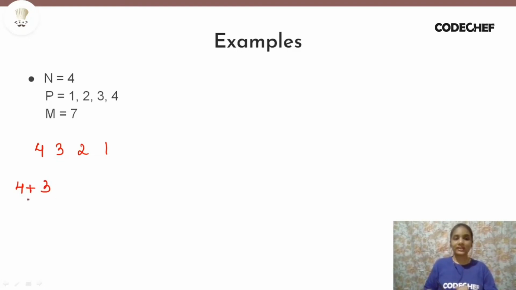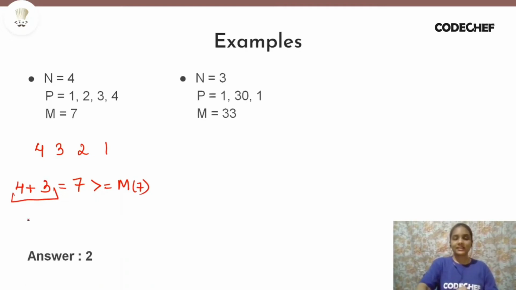Now 4 plus 3 is 7. Is 7 greater than or equal to 7? So yes, 7 is greater than or equal to 7, that is M. So we have got our answer. We need to select only 2 plates. So the answer here is that minimum we need 2 plates, and this will get printed as the answer.